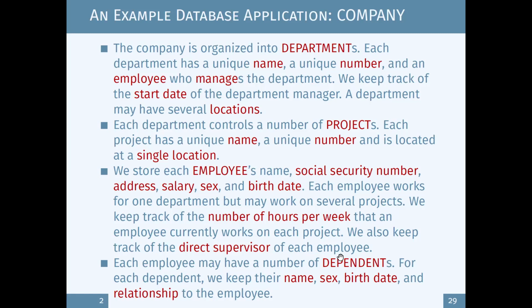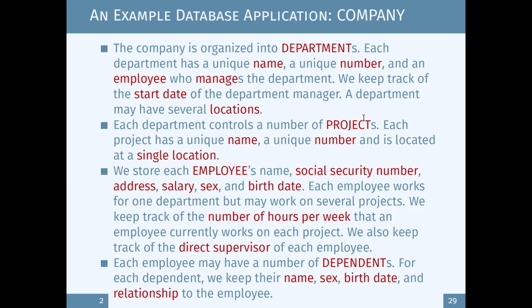Then dependent: name, sex, date of birth, and relationship, they are attributes. Okay, now that we have discussed the entity types and the attributes, the third one we should be familiar with is relationships. So among these entities, we have relations.